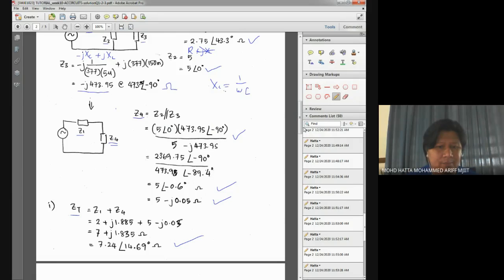If your answer is slightly different from what you've seen over here, I think it's okay, because maybe it's due to the decimal points and also the conversion between polar to rectangular when you convert your values. But the value should not differ too far.